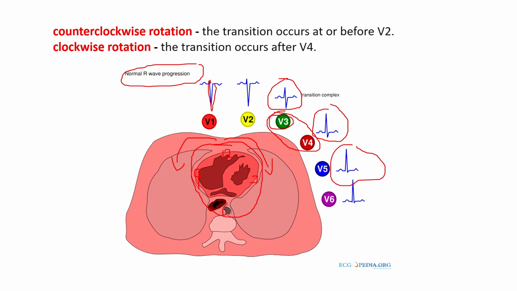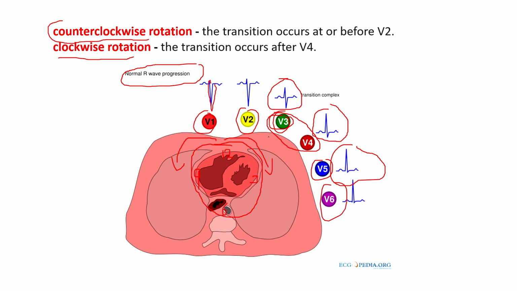So it happened in V3, that's why it's normal. Between V3 and V4, it's normal. But what if this transition happens in V5 or V6? It happens too late. We call it clockwise rotation. And what if this transition zone happened in V2 or V1? We call it counterclockwise rotation. So this is the main idea.